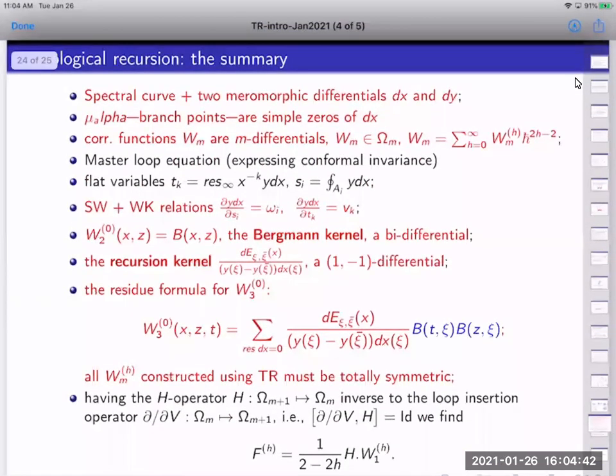So before I stop, it's the last slide, basically. I just have this list, so to speak, of properties that we call the topological recursion.